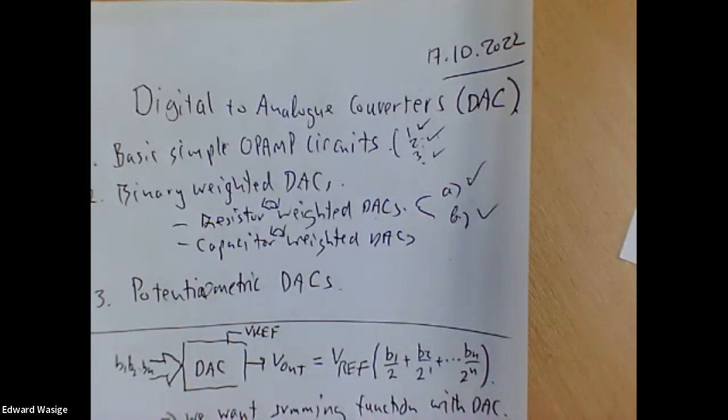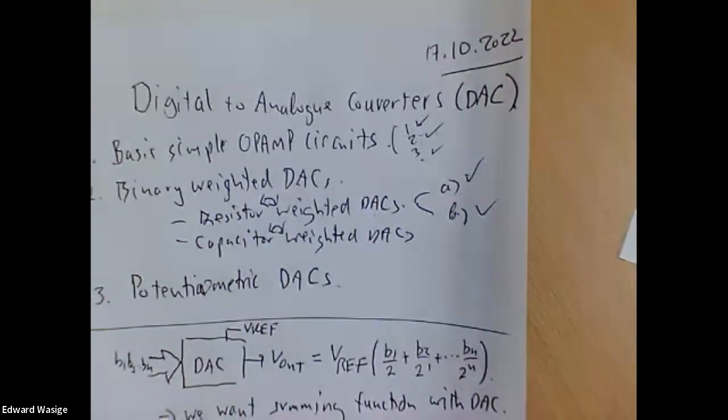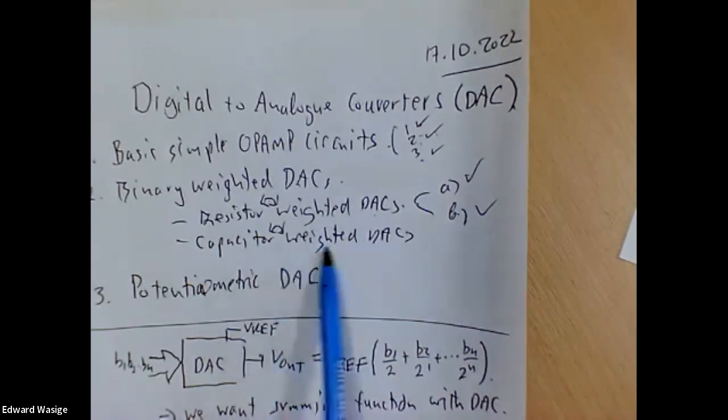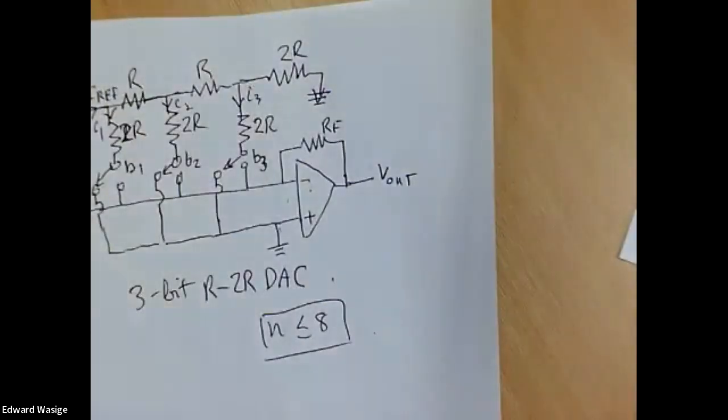They'll store energy and release it back, but they'll not dissipate it. The resistors dissipate the energy that you supply to them. So next we look at the weighted capacitor DAC. We just have enough time to get started with it.